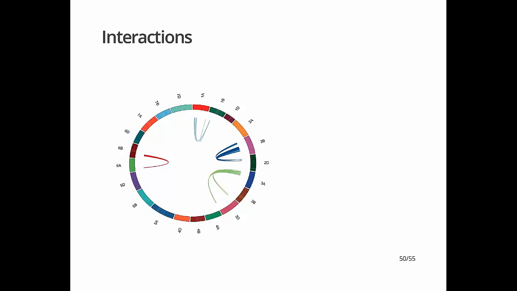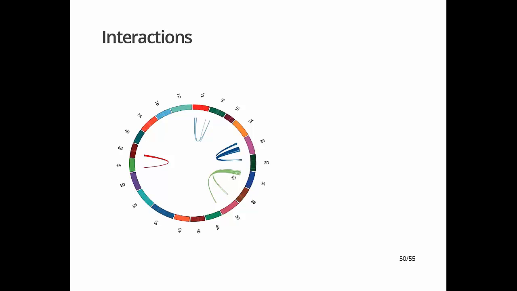So if you've computed interactions between all of your markers, and you set some sort of p-value threshold, and you just want to show the most significant ones, it'll put all of the chromosomes around a circle in differing colors, and then it'll put lines to show where the interactions are occurring between different markers. So you can see they tend to be clumped. You tend to have a group of markers on two different chromosomes which tend to show interactions.